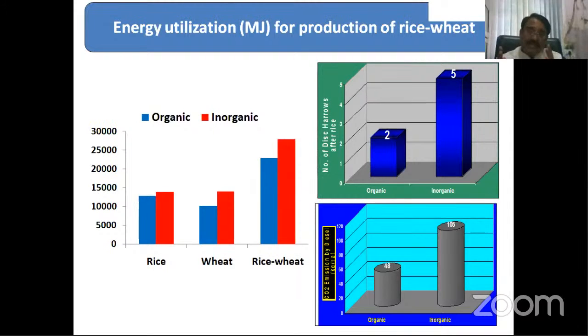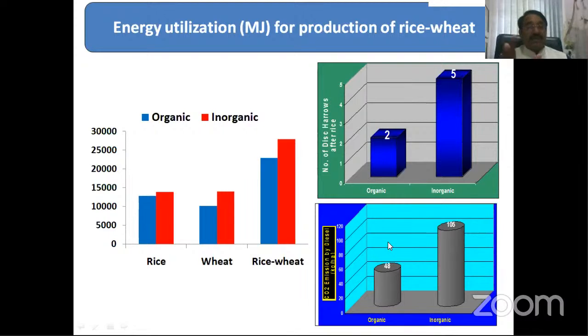Then I have calculated energy utilization in the rice-wheat system. It is less. There was one reference in the Indian Journal of Agronomy on this. Why is it less? Here is one example: if organic soil is there, one or two passes of harrowing is sufficient. But even after puddled rice, if inorganic soil is there, a minimum of 5 harrowings is required.